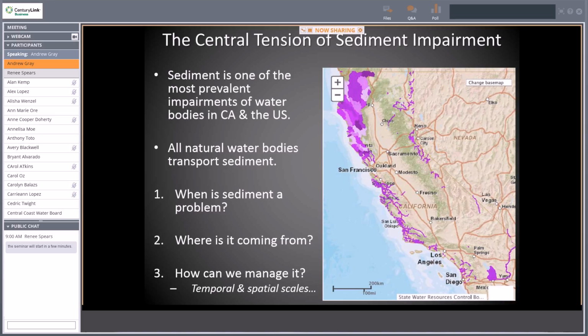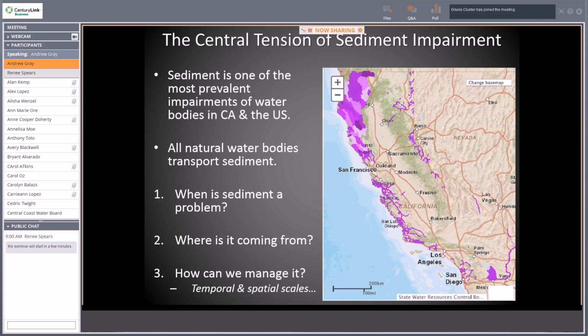So the question that comes out of this is, if we always have suspended sediment around, and we're dealing with a really dynamic environment such as we have here in California, with highly variable rainfall, high seasonality, and high interannual to decadal variability, which drives high natural variability in suspended sediment abundance, the question then becomes, when is sediment really a problem?